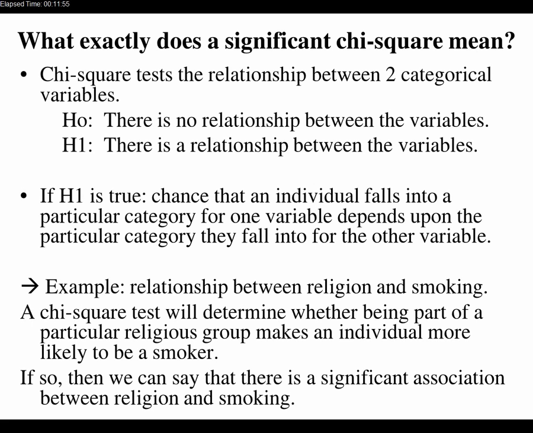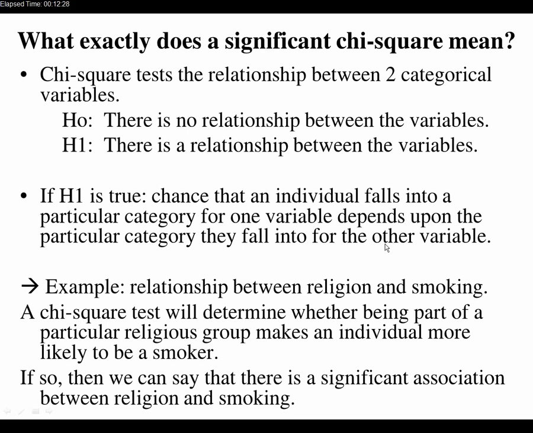What is a significant chi-square test? Well, chi-square tests the relation between two categorical variables. The null hypothesis means that there isn't a relationship, and the alternative hypothesis means that there is a relationship. If the alternative hypothesis is true, the chance that an individual falls into a particular category for one variable depends on the particular category they fall into for the other variable.